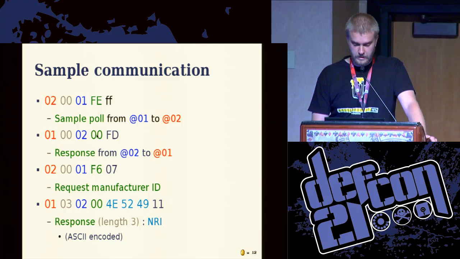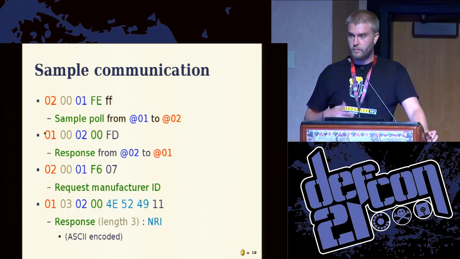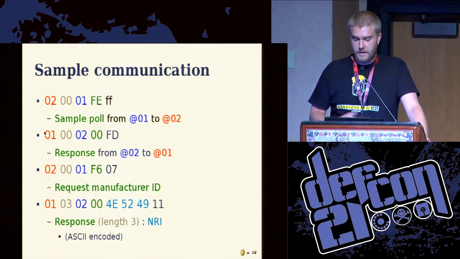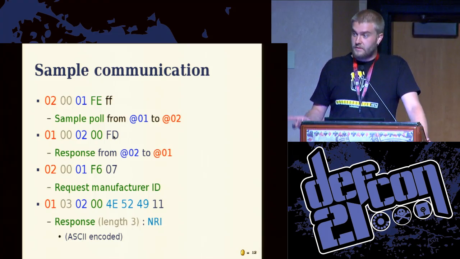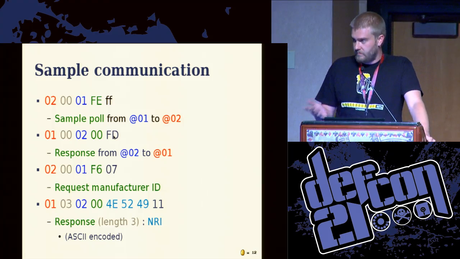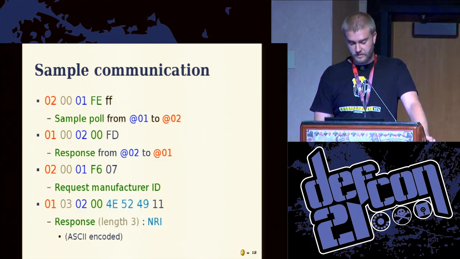We don't know, from the device at address 2 to the device at address 1. So just by looking at the response packets, you cannot know exactly what it is a response to.